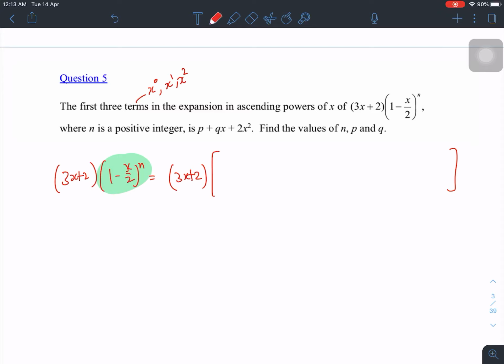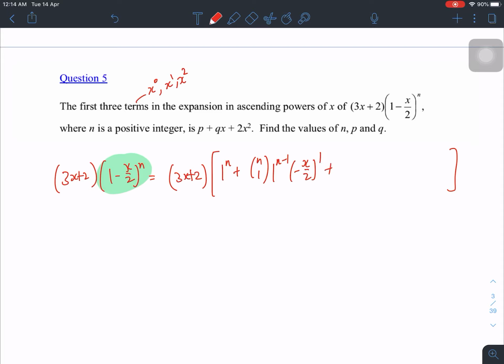Simple. The first thing you do is, to be able to express this, 1 minus x over 2 to the power n, you need to expand this. So you use your formula. What do you get? You should get first term to the power n plus n choose 1, 1 to the power n minus 1, minus x over 2 to the power 1.